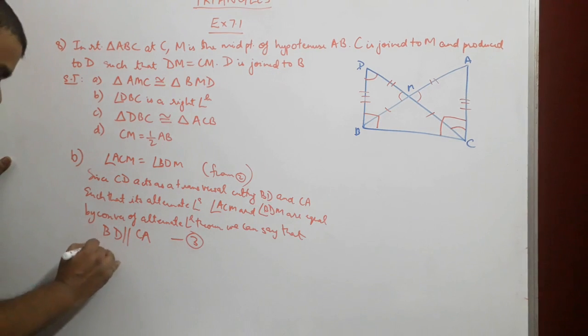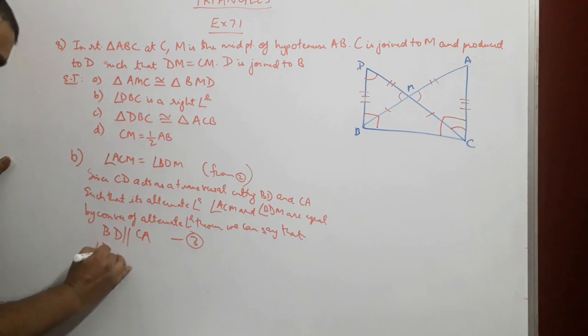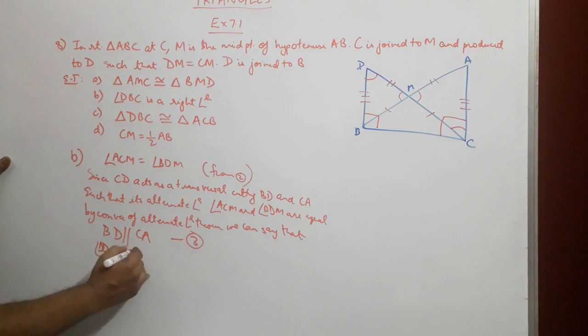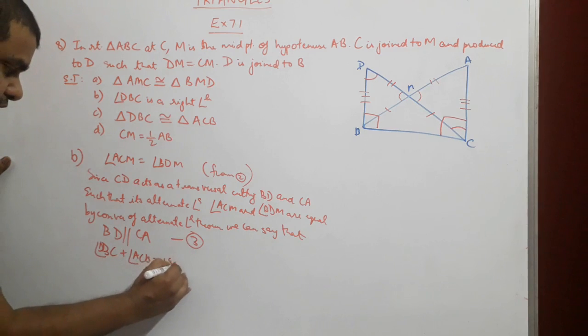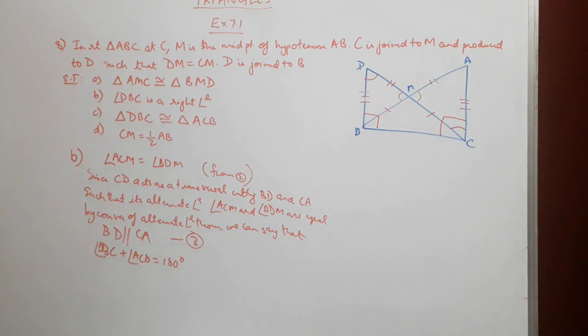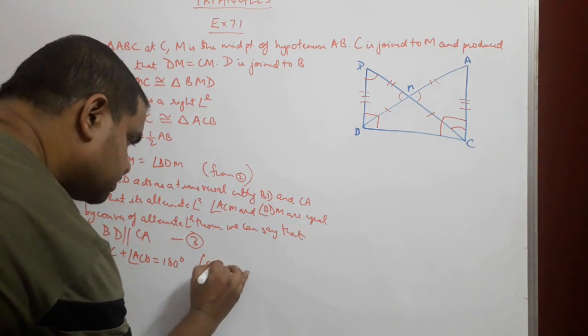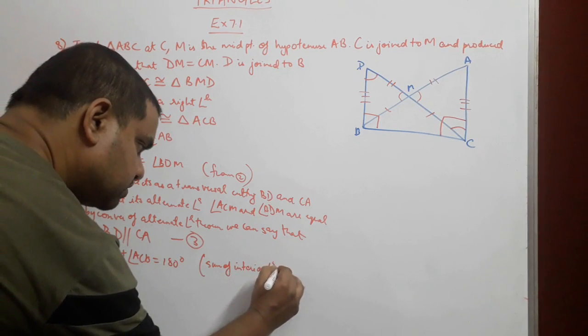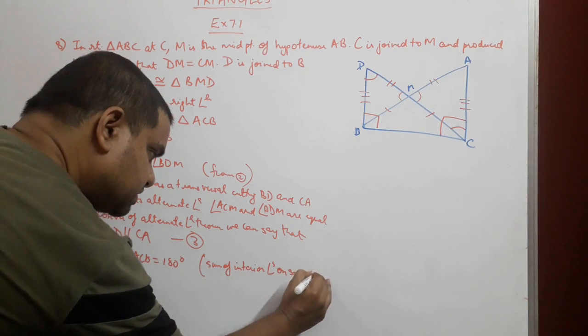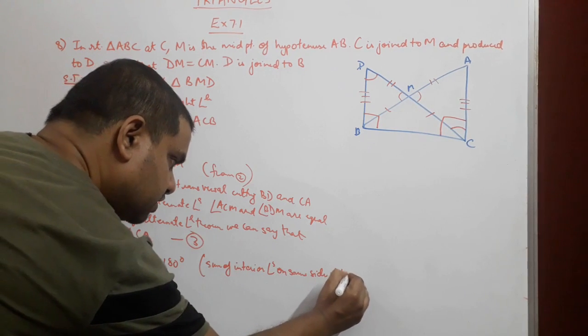So we can say angle DBC plus angle ACB equal to 180 degrees. The reason we can give over here is sum of the interior angles on the same side of transversal.